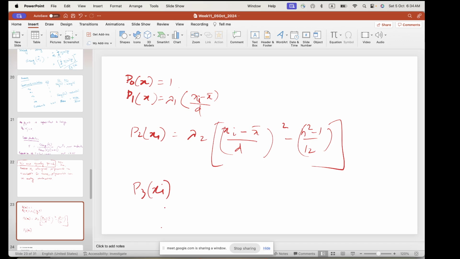For the sake of exams, you don't need to memorize all, but it would be good if you can memorize up to p2 xi. If you can remember till this, that would be great.